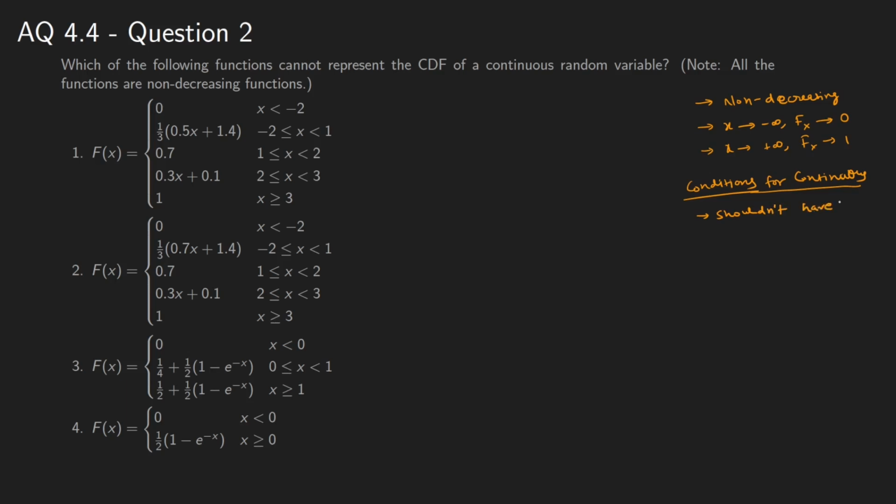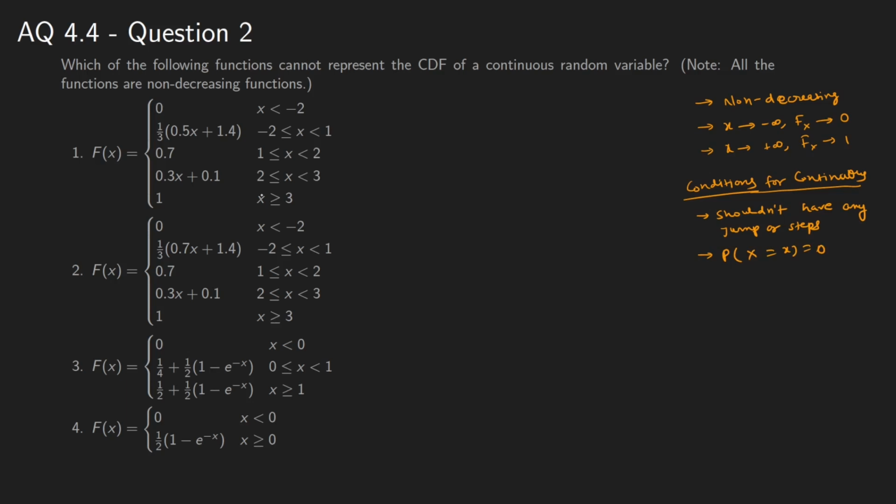This was allowed for the discrete random variable, where the amount of jump represented the probability with which that value is taken at the point of the jump. But for the continuous case, it is not allowed. As a result of there being no jumps or steps, the probability that x takes any particular value is equal to 0. So these are the two conditions.